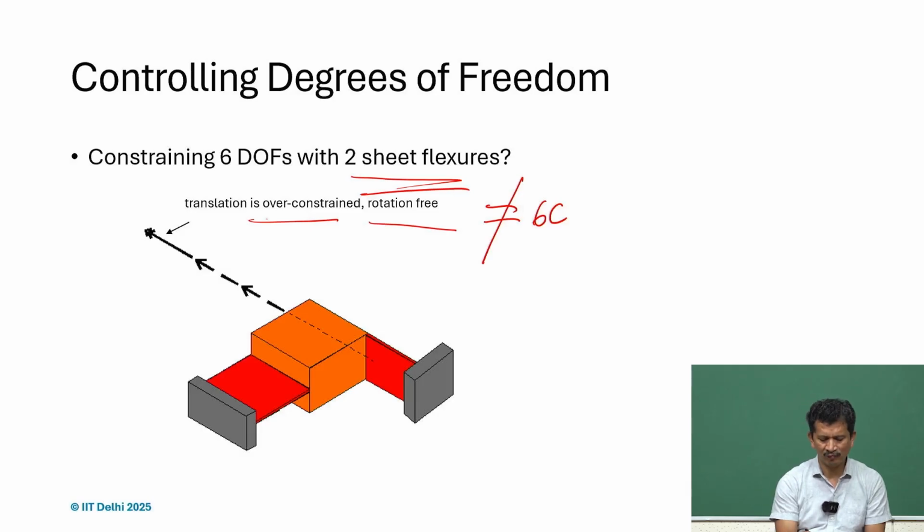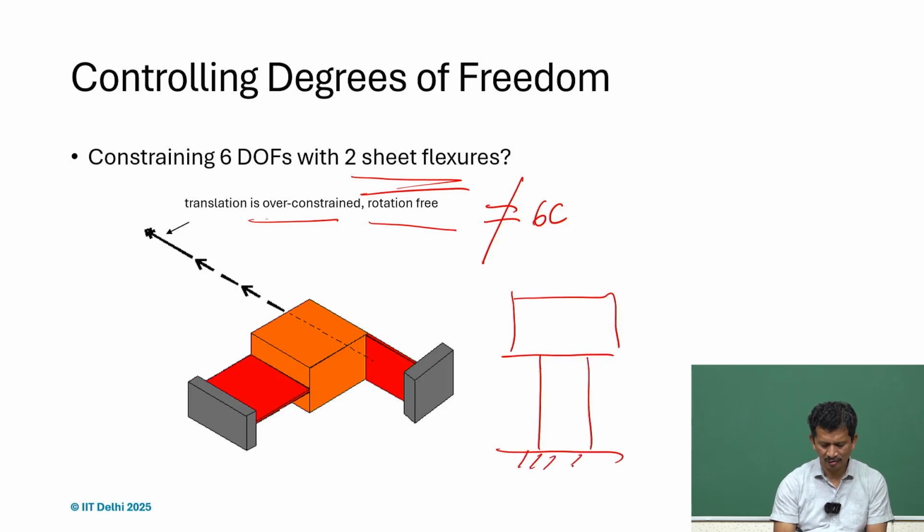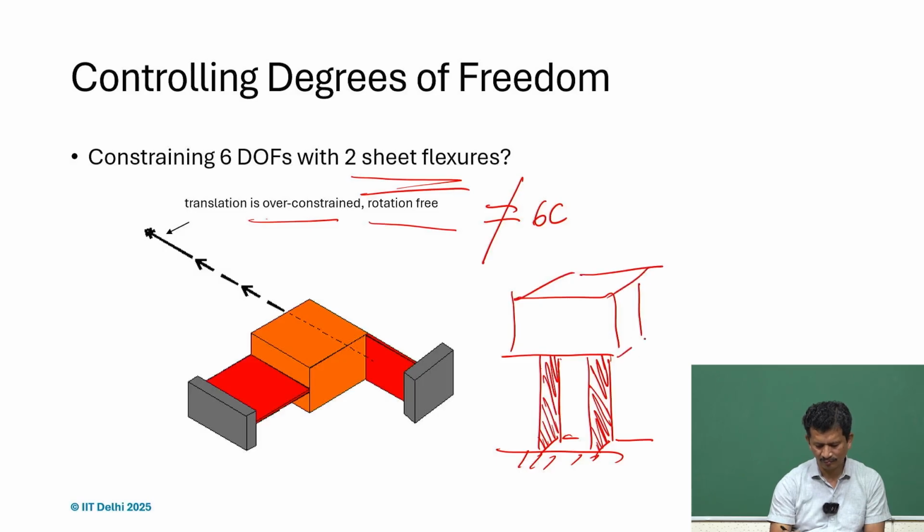So, if we take a sheet flexure like this, and if we take these two planes, what will happen?